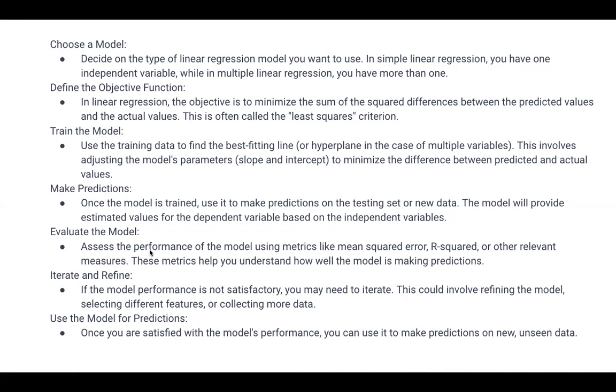That is how you evaluate the model, and that is called mean squared error or R squared error. Basically, you give the known data, the data for which you're already sure about the values, and then accordingly you readjust the model, iterating and refining until the error is minimum.